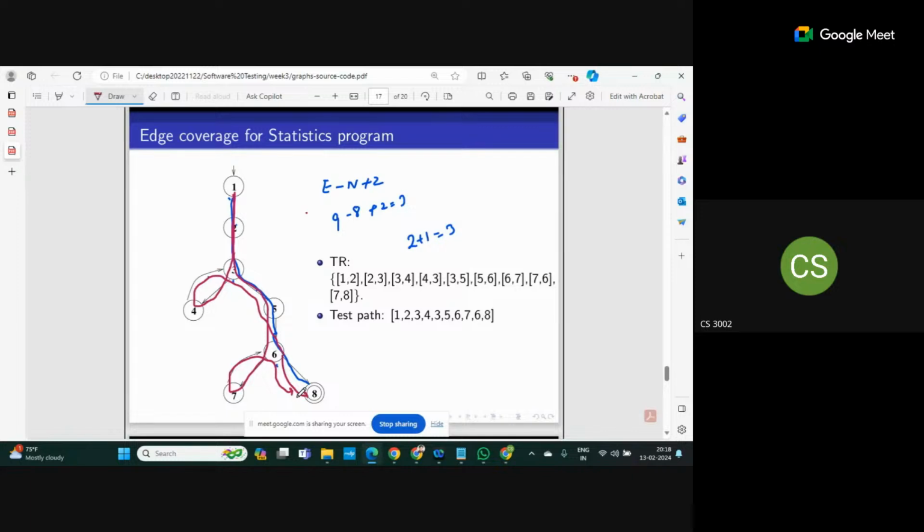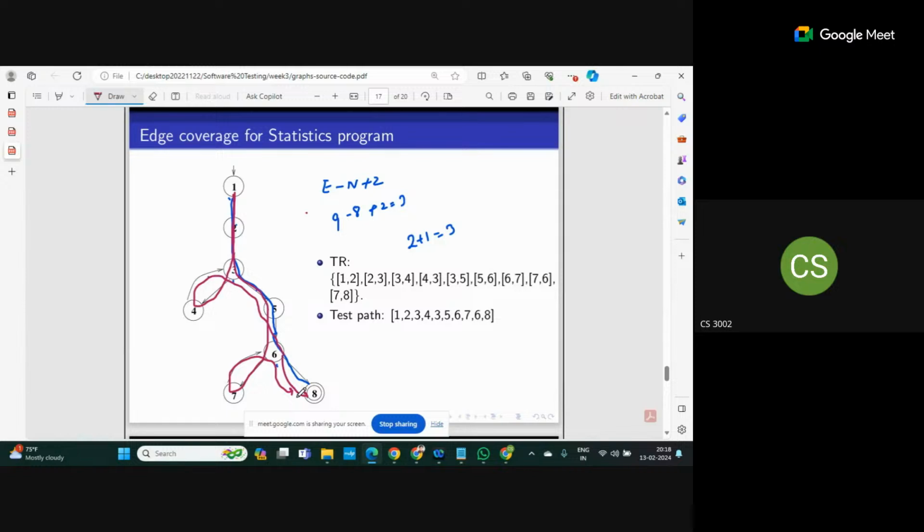This is the maximum number of linearly independent paths I can have, because cyclomatic complexity gives the maximum number of linearly independent paths possible. So if we cover these many paths, we're going to test each branch, each node, etc.